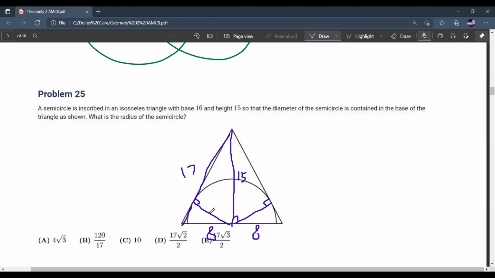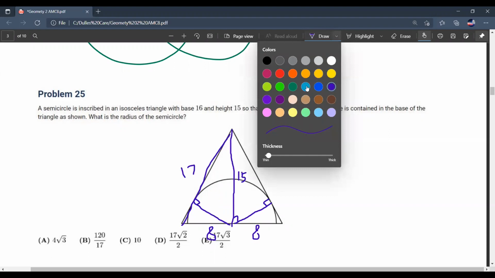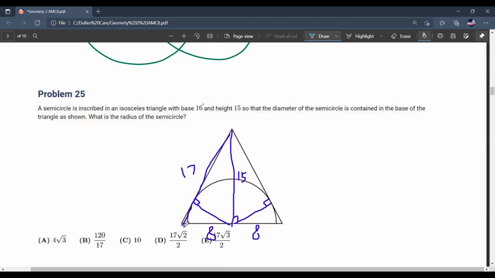So now, can anyone think of a clever way to find the area of the isosceles triangle using the radius? Let me give you a hint. Let me divide the isosceles triangle into two parts. There's this triangle on the left-hand side.